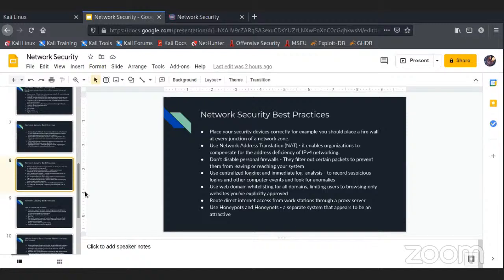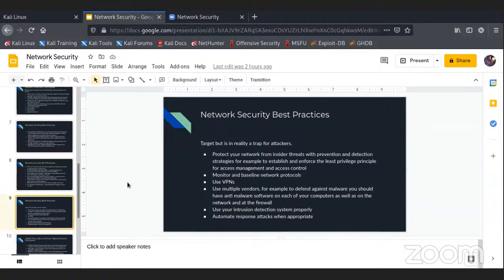It's really important knowing network topology so that we know where to best place our security devices. Yeah, protecting our networks from insider threats.